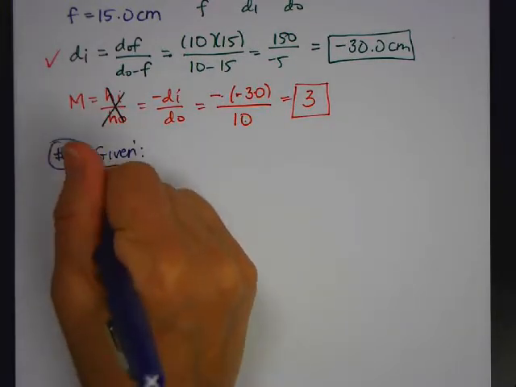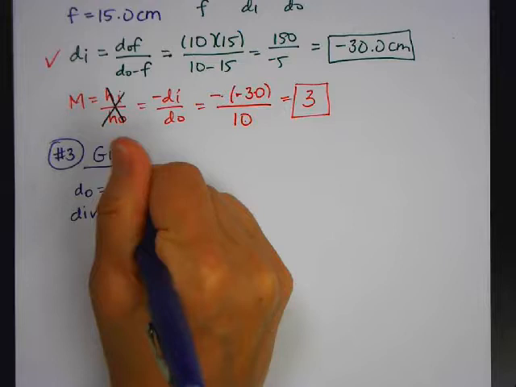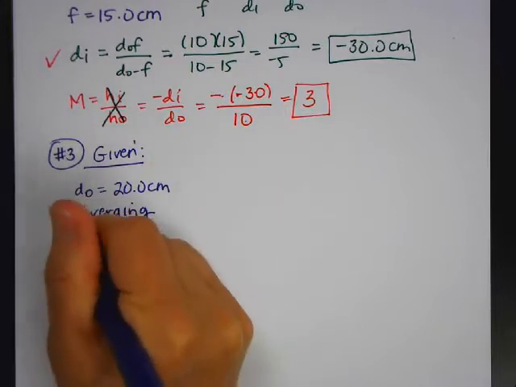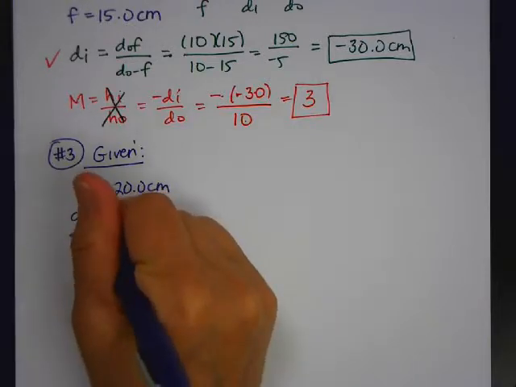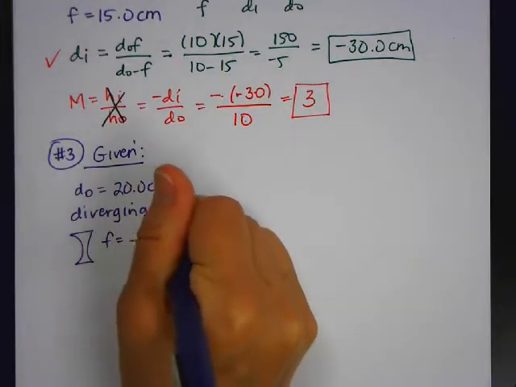A diverging lens looks like this, where when the rays of light go through it, they diverge. Diverge means to spread apart. That's important because the focal length is 10, so f is equal to negative 10 centimeters.